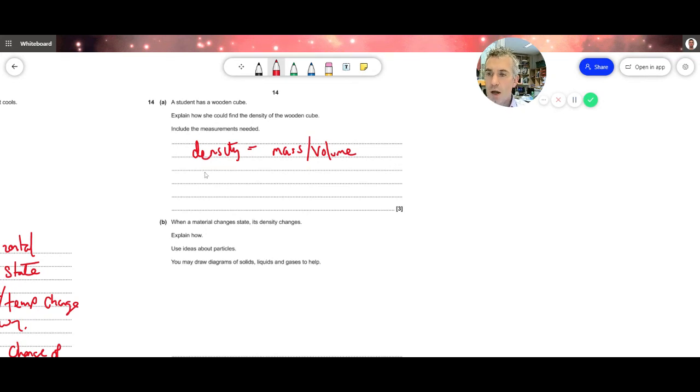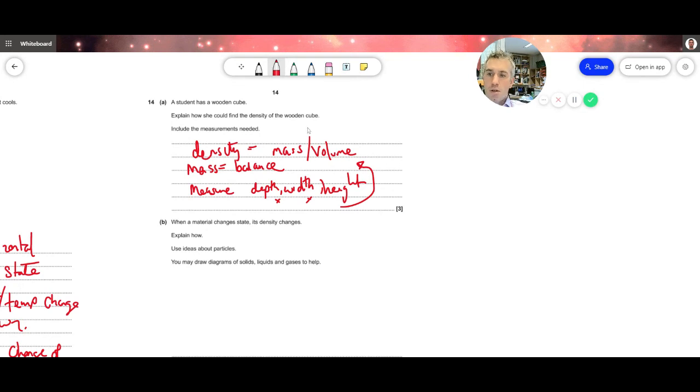You measure the mass with a digital balance or scales, and you measure the volume by measuring the depth, width, height, and then multiply them, and that equals the volume.